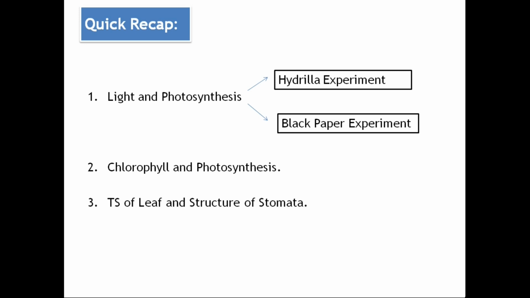We also learnt about the transverse section of leaf and structure of stomata. Now, in this session, we are going to learn about the structure of chloroplast and the mechanism of photosynthesis.